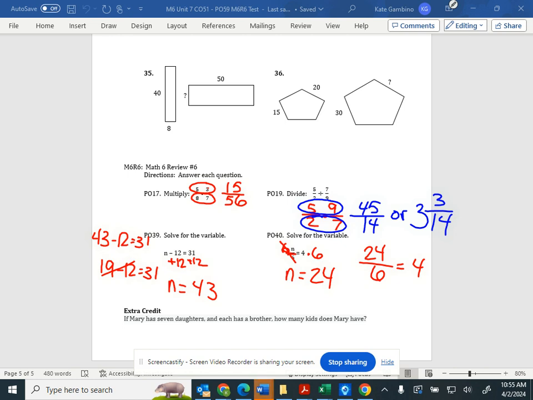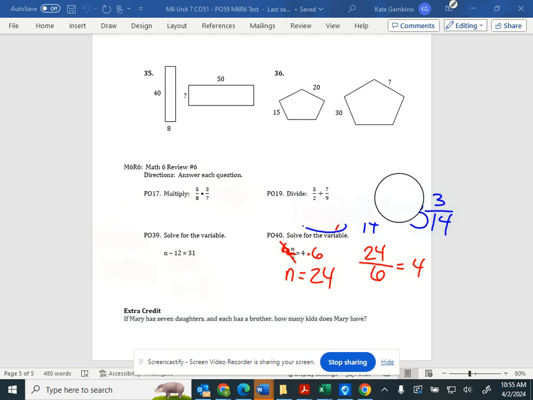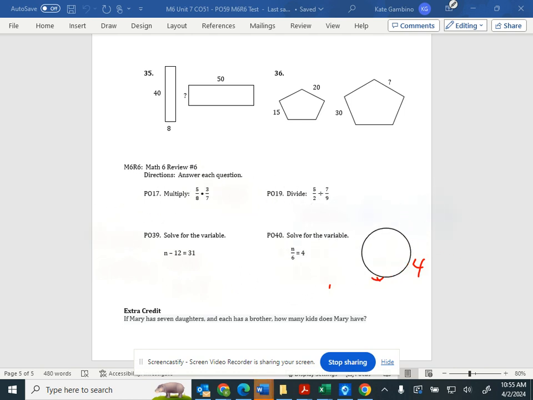On the extra credit, I got 8, but there were a lot of people that put 14. A lot of people said 7 daughters and a brother, but each of the daughters has a brother, so they did 7 daughters and 7 brothers.